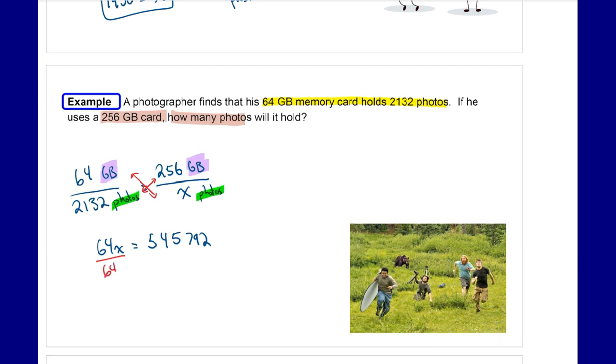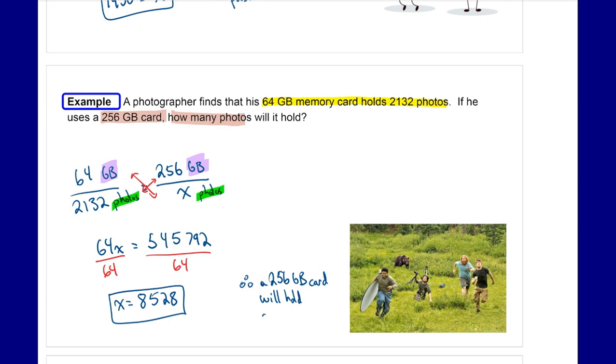Now we're going to divide by 64, the number with the unknown, and we get 8,528 for our unknown. Therefore, a 256 gigabyte card will hold 8,528 photos.